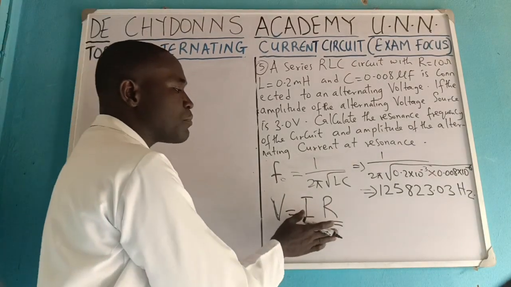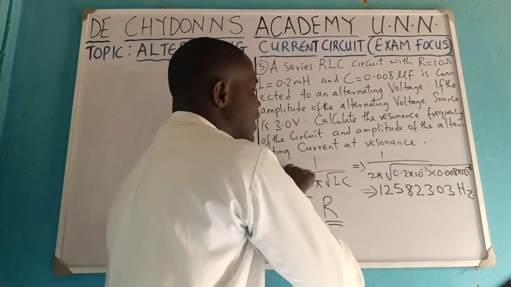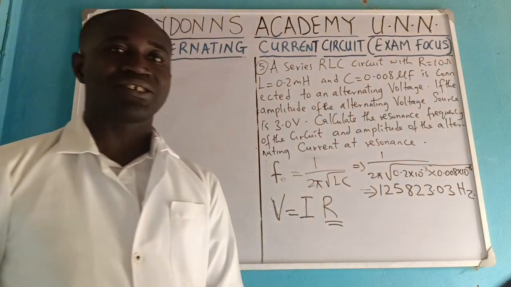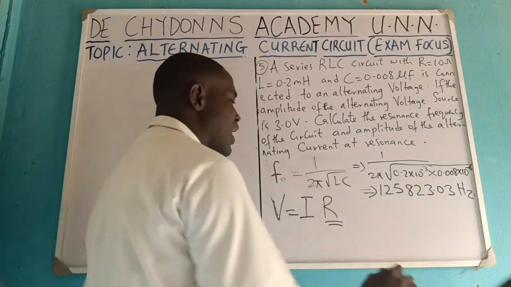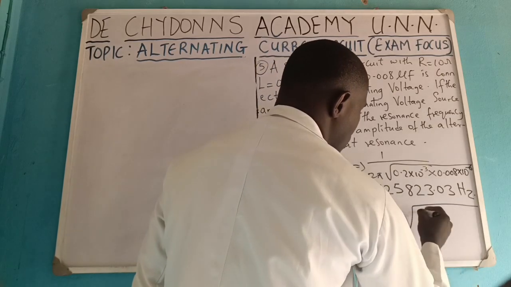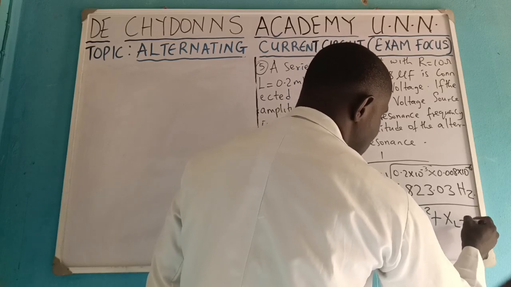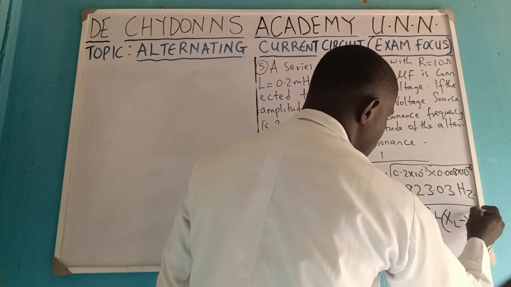This is where a lot of students are making mistakes, because they say amplitude of alternating current at resonance. Remember that at resonance, impedance will be equal to square root of R square plus XL minus XC all squared.